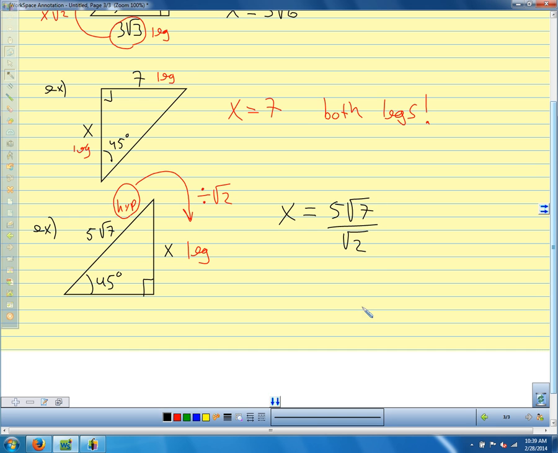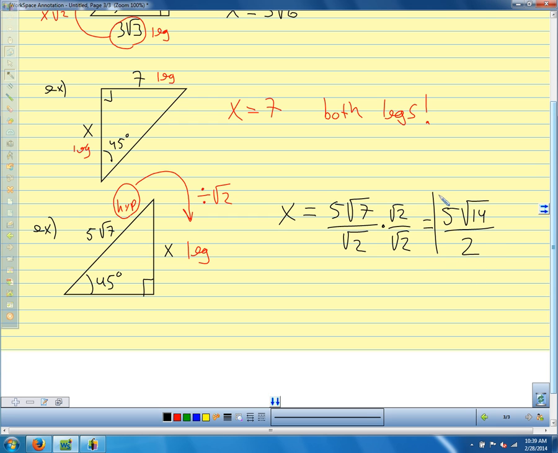I need to rationalize the denominator. So I'm going to multiply by the square root of 2 over the square root of 2. I get 5. The numbers under the square root I can multiply. 5 square root 14. And the square root of 2 times the square root of 2 is square root of 4, which is 2.